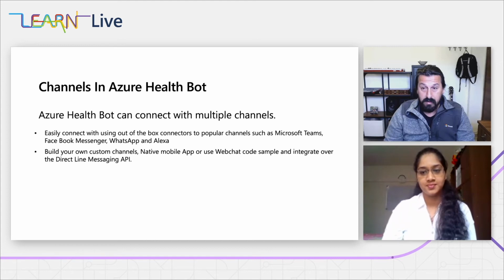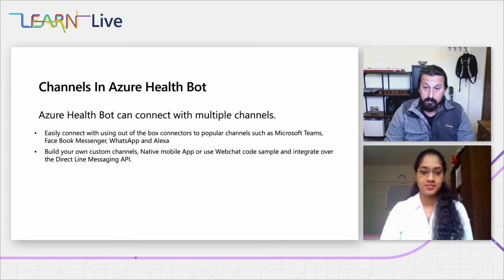So really, HealthBot is agnostic to the channel. You can have any kind of web chat application or messaging application on the front end, whether it's voice or text. They're all great options to connect with HealthBot on the back end.